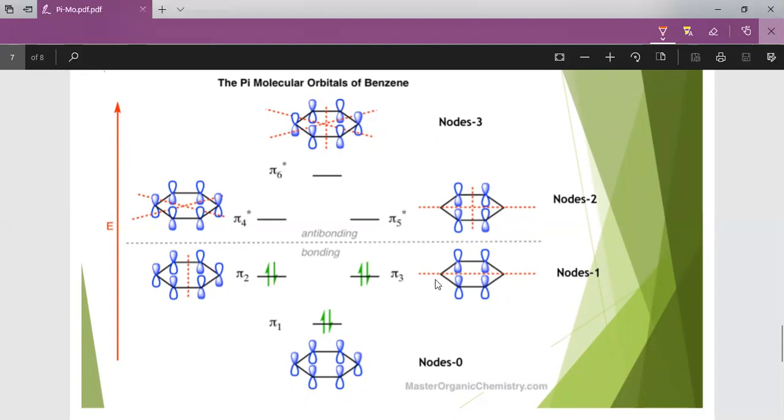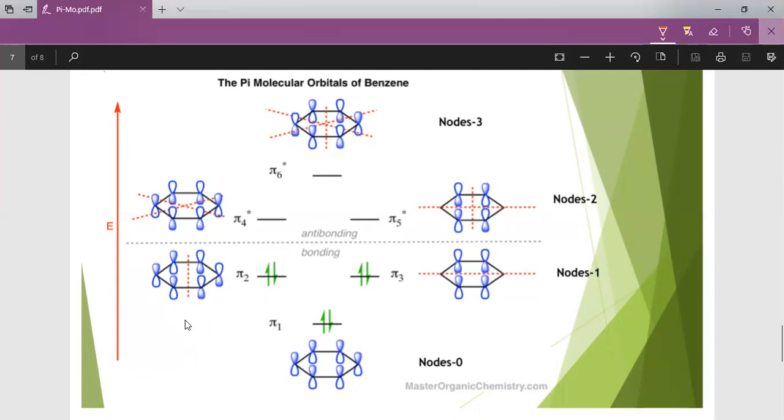And next, moving on to the next energy level, here we can see pi 2 and pi 3. These two belong to the same energy level as they have equal energy. Within this energy level, the number of nodes is equal to 1. Coming to the pi 2 orbital, I was introducing the node.